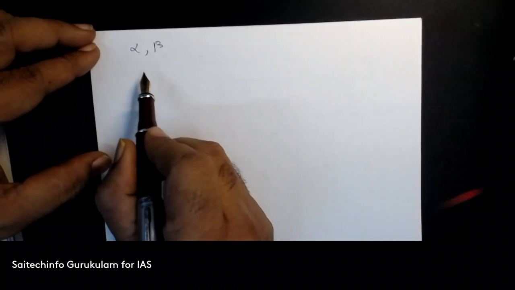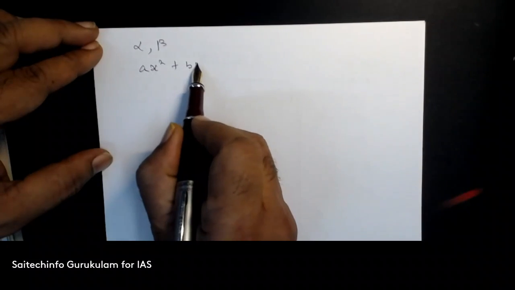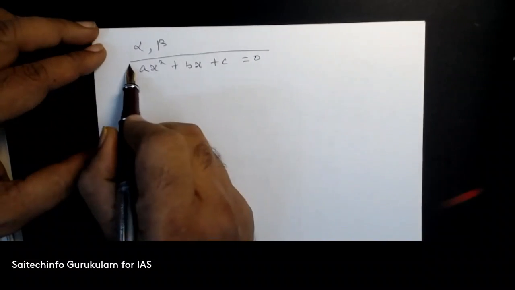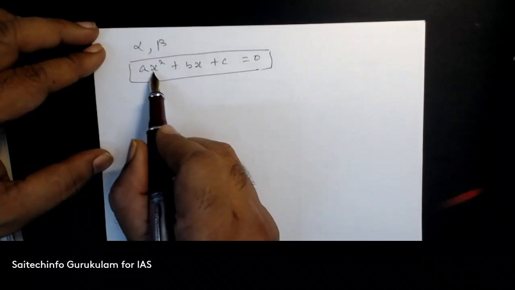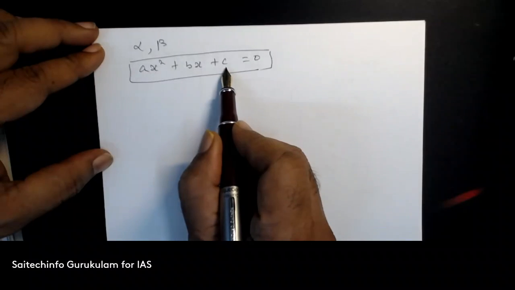So the quadratic equation is generally represented as ax squared plus bx plus c is equal to 0. This is the general format, where a is the coefficient of x squared, b is the coefficient of x, c is the constant.